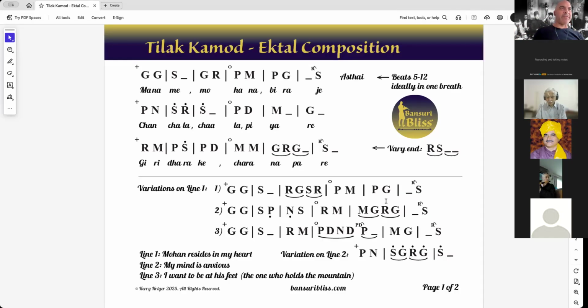Let's see what happens. Alright, it's tricky. I'll say first off, since it's already fast, I'm going to leave off this ornament, that pada pa, because that makes it even harder. Alright, pa da ni ta. If I did it, pa da ni ta pada pa. Yeah, let's just leave that pada pa. Just make that a pa to begin with.